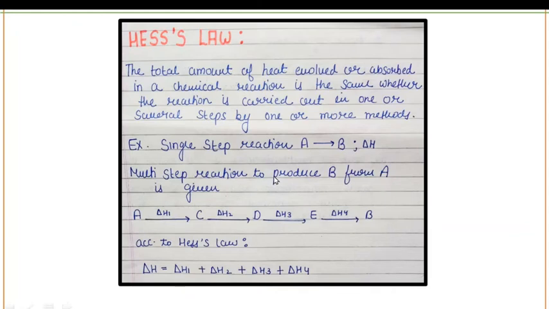Okay, for example, if you see this single step reaction is taking place from A to B. Then from A to B, the enthalpy change is delta H. While if you talk about the multiple step reaction to produce B from A, first of all, A is converting into C, then C is converting into D, D is converting into E, and after that E is converting into B. According to Hess's law, if you want to calculate the total enthalpy change from A to B, then delta H equals delta H1 plus delta H2 plus delta H3 plus delta H4.